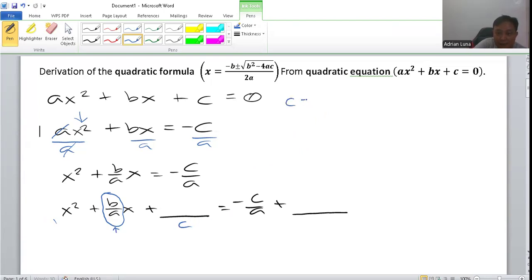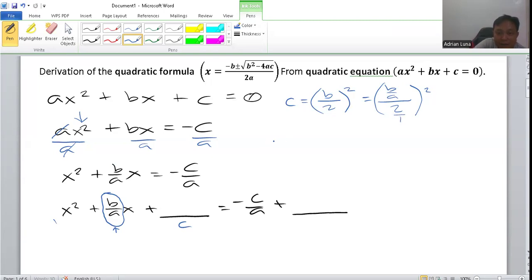C is denoted by the formula b over 2 squared. And our b is b over a all over 2 and square natin siya. Parang fraction divided by another fraction, kasi 2 is actually a fraction whose denominator is equals to 1.